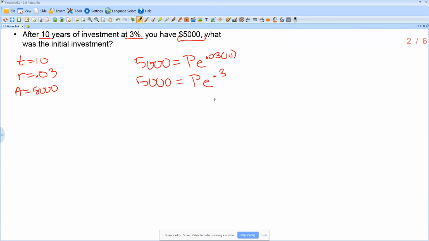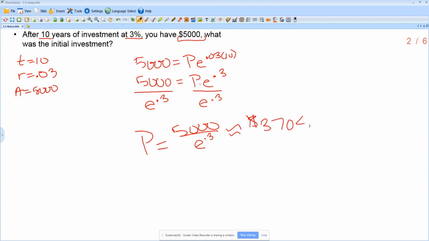We could put that in our calculator, or we can just divide by e^(0.3). So I get P is equal to 5,000 over e^(0.3), which again is the exact answer. It doesn't really make too much sense, so it comes out to approximately $3,704.09.